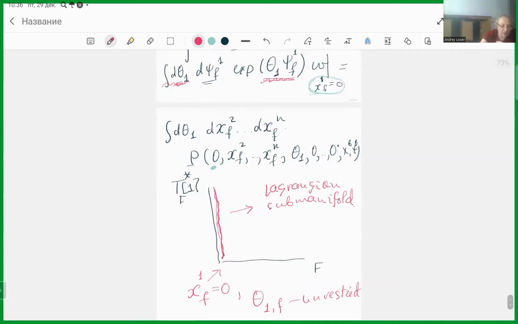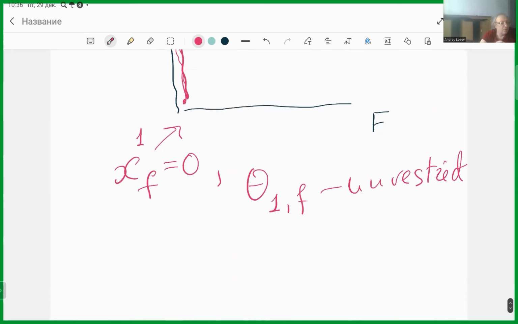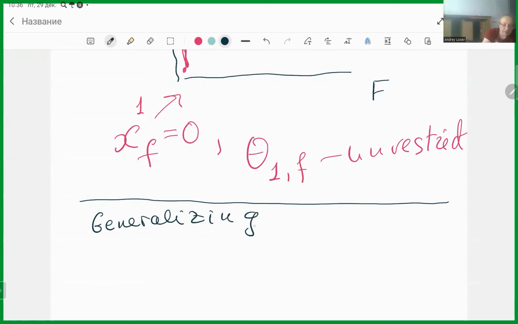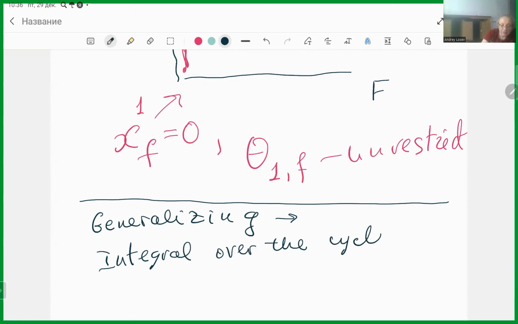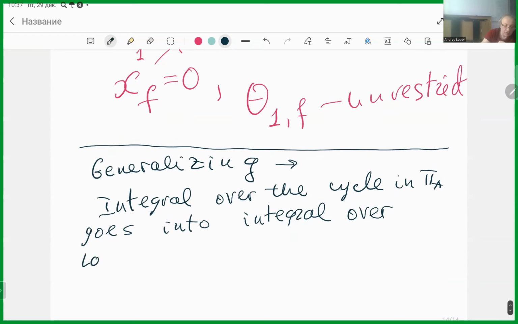So thinking this way, we are getting the following important condition. Generalizing, we say that the integral over the cycle in P star goes into an integral over a Lagrangian submanifold.